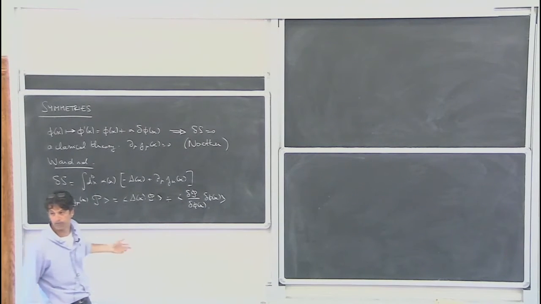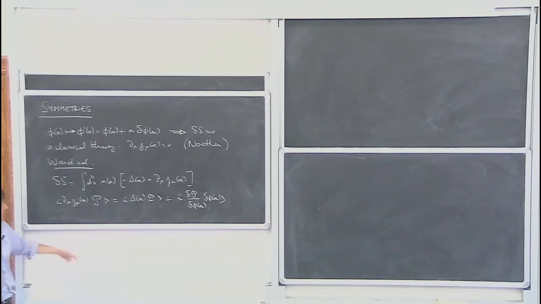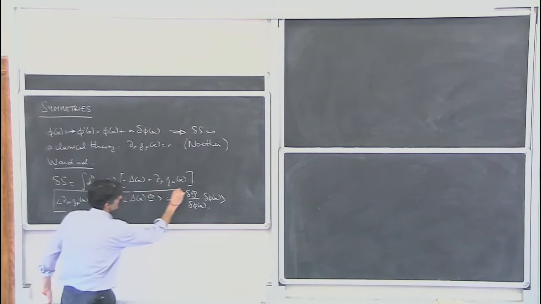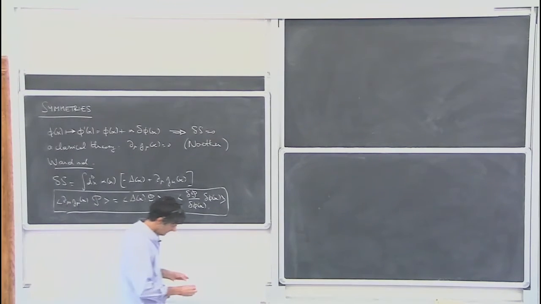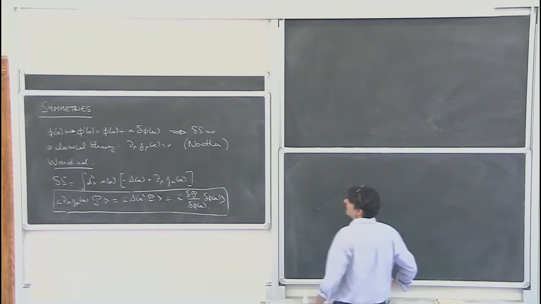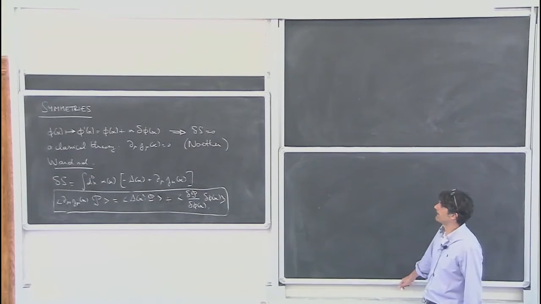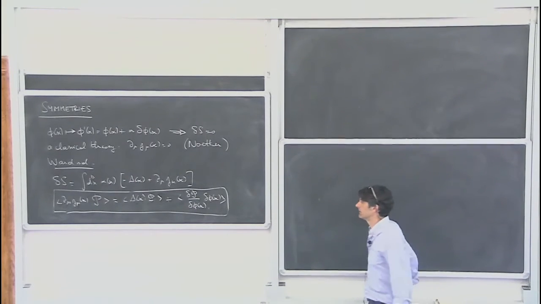Yeah? So that's the generic way that symmetries are encoded in a quantum field theory. Okay, so symmetries give you relations between correlators. That's the way they are encoded in a quantum field theory.